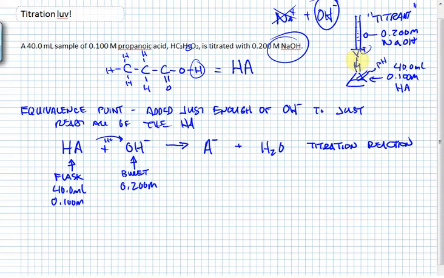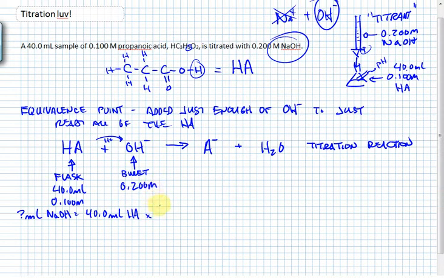Now the equivalence point is a special point where we've added just enough of the base to react with all the acid. So what is the equivalence point? How many milliliters of sodium hydroxide solution do I need to just react with 40 milliliters of my HA solution?